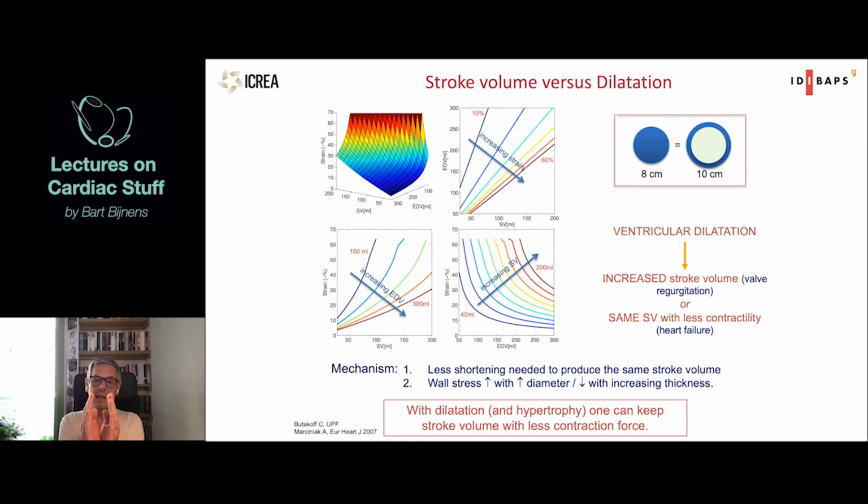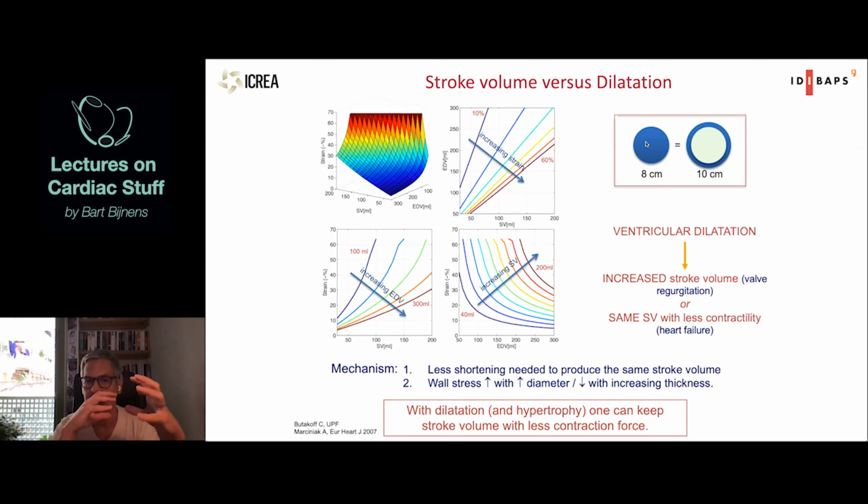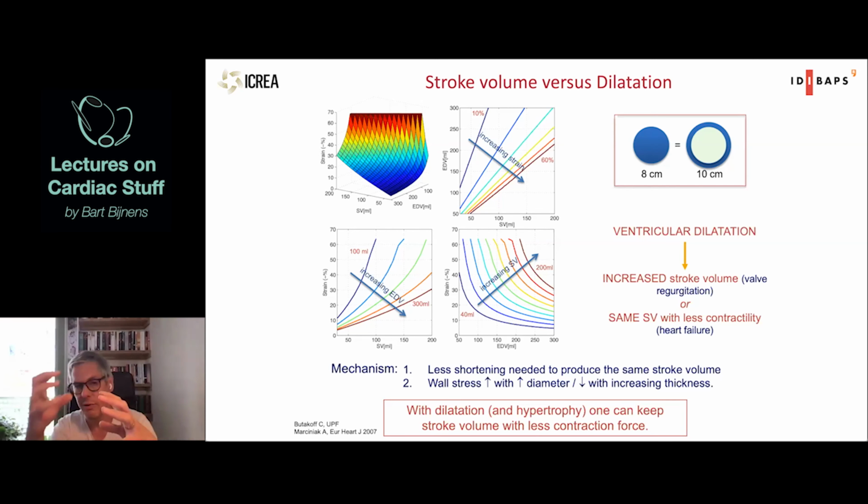But it's also the case that if you increase the size of the heart and keep the strain constant, so you have the same amount of deformation of the tissue, then the displacement of the endocardium and the amount of volume that is being displaced this way becomes much, much bigger than with a smaller ventricle. To show you how that relationship with size works, say that you have a sphere with a diameter of 8 centimeters, roughly a big ventricle.